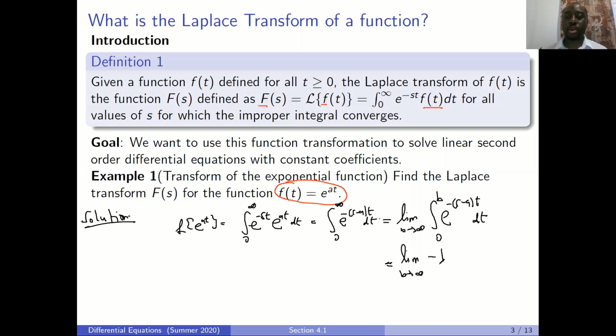This is minus 1 over (s minus a) e to the minus (s minus a)t using the fundamental theorem. And now we have 1 over (s minus a), the limit as b approaches infinity, we have 1 minus e to the minus (s minus a)b.